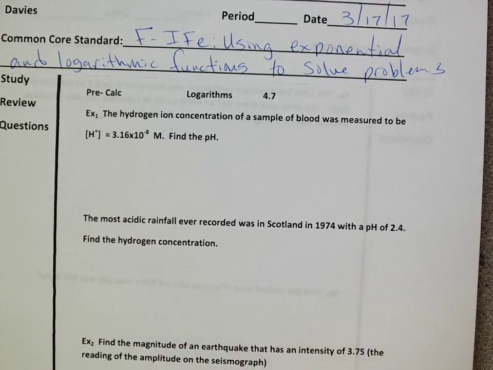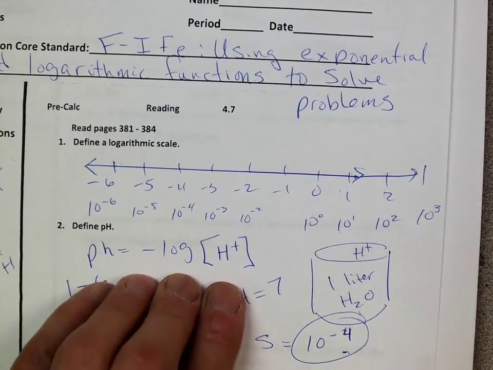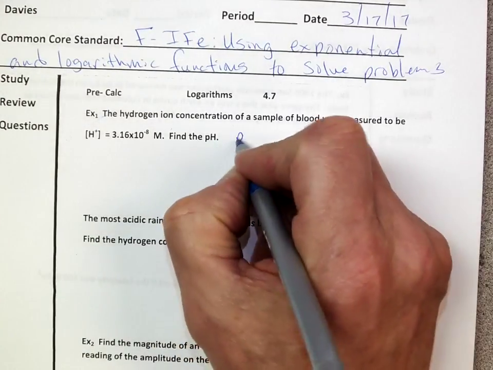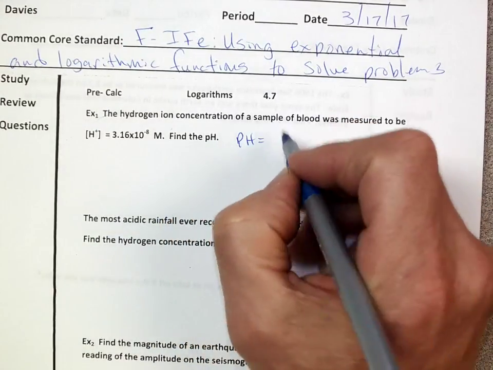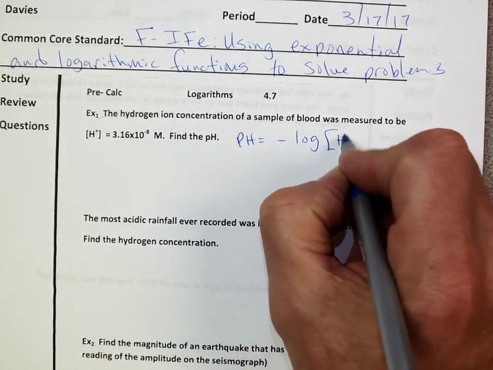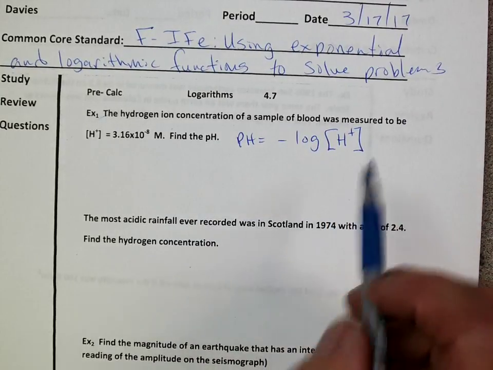So we go to our formulas. Let's check our formulas out. We're going to use our pH formula, which is this one right here. We're going to see our pH is equal to our negative log of our H plus. And our H plus is our hydrogen ion concentration.